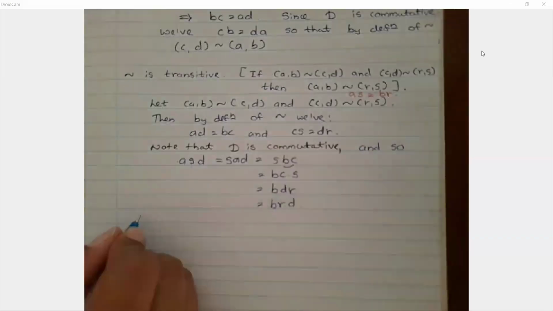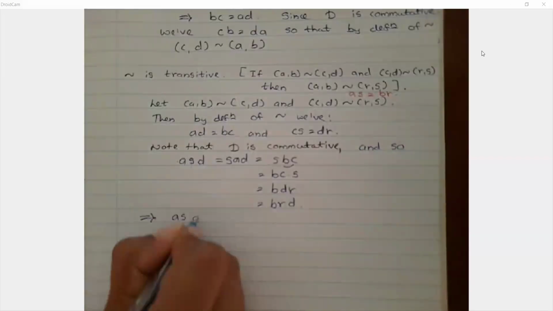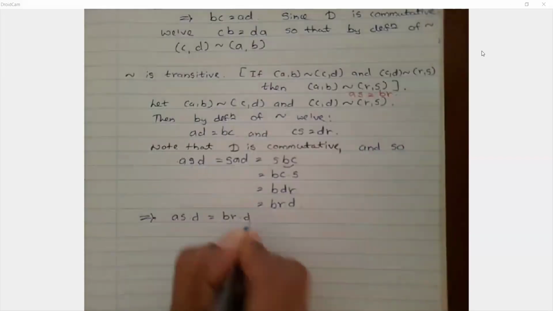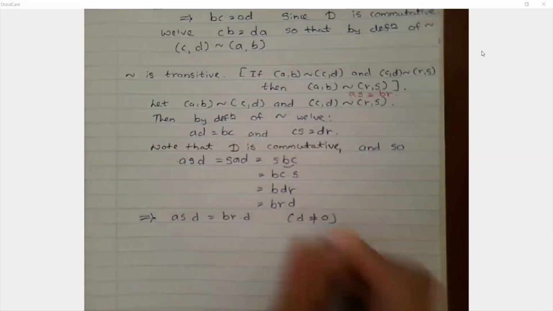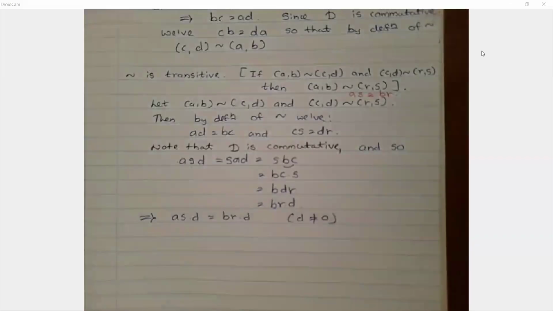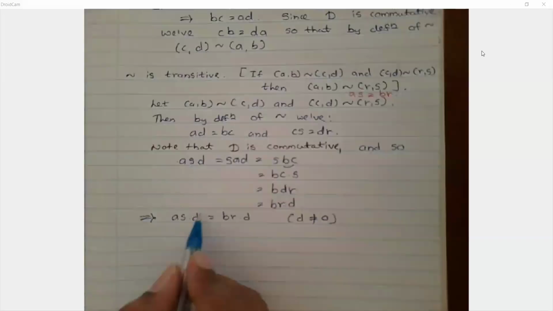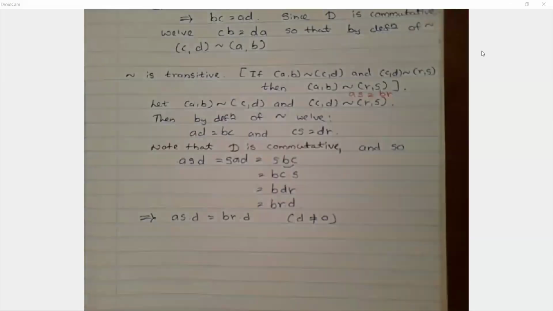Now observe, this gives you AS times D equals BR times D. D is not equal to 0, and capital D is an integral domain, so we can use the multiplicative cancellation laws and cancel D from both sides. D is non-zero, and for all non-zero elements the inverse exists, so we use those cancellation laws and cancel out D. What do we get at the end? AS equal to BR.